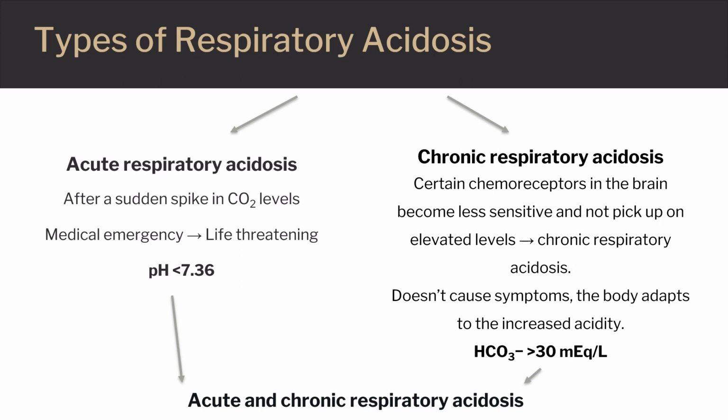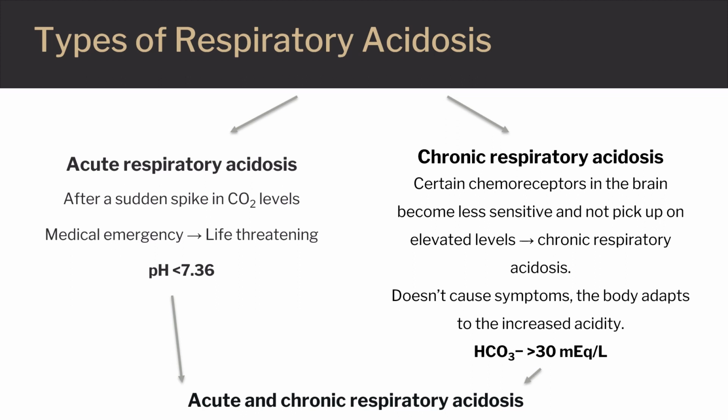For example, the kidneys produce more bicarbonate to help maintain your acid balance. Chronic respiratory acidosis may not cause symptoms. However, in chronic respiratory acidosis, the PaCO2 is elevated above the upper limit of the reference range, with a normal blood pH, 7.35 to 7.45, or near normal pH secondary to renal compensation, and an elevated serum bicarbonate, HCO3-, greater than 30 mEq per liter.